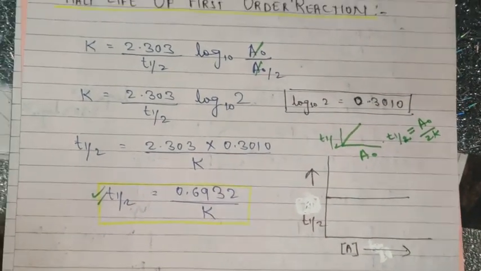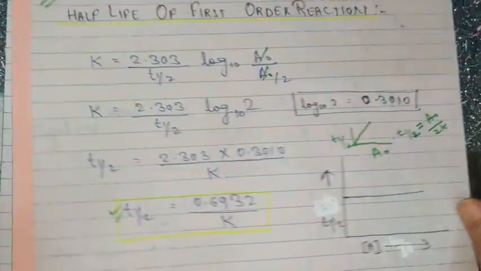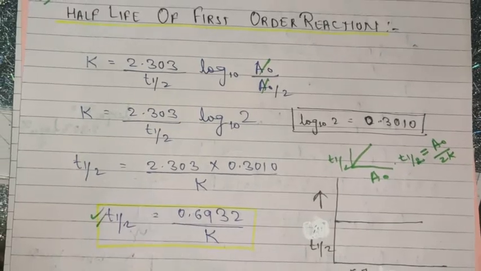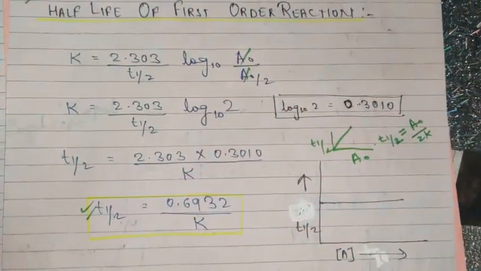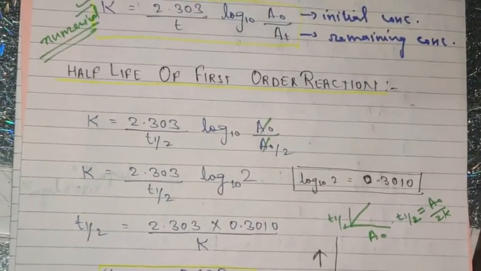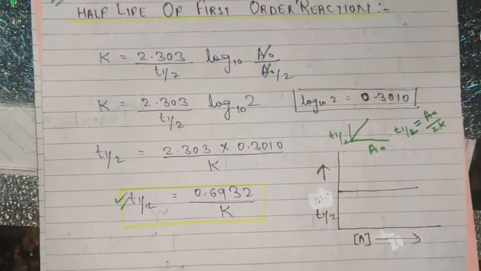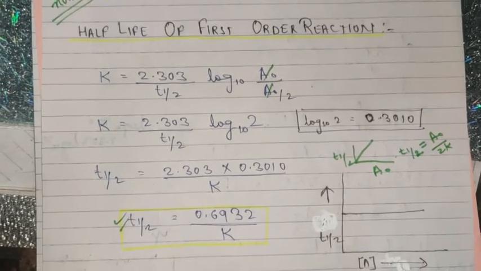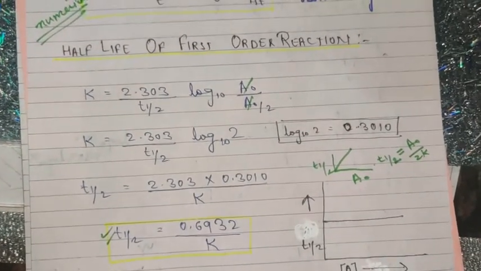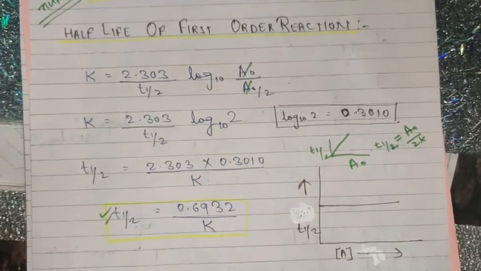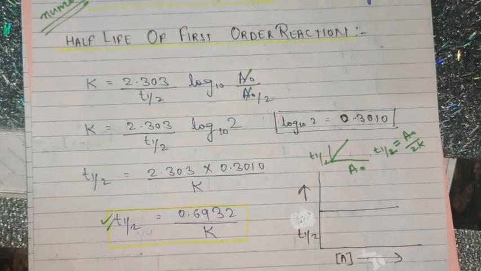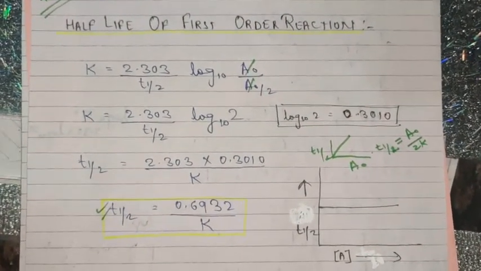So please try to remember the graphs. Whatever I am telling you is very important. And now both the important order of the reactions are done, that is zero order, and the first order reaction is also done. So children, thoroughly revise these two, and in the next session I'll be discussing some more important questions related to these two laws, because most of the time you get the questions related to these two laws only.